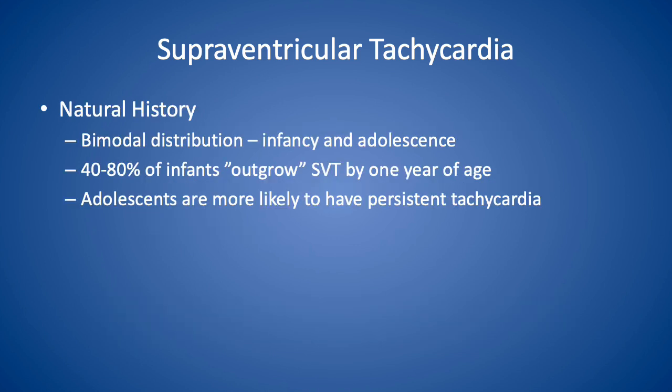SVTs are generally seen in a bimodal distribution. We can see it in infancy as well as adolescence. About 40 to 80% of infants outgrow SVT by 1 year of age, and those that are more persistently tachycardic are usually seen in the adolescent population.